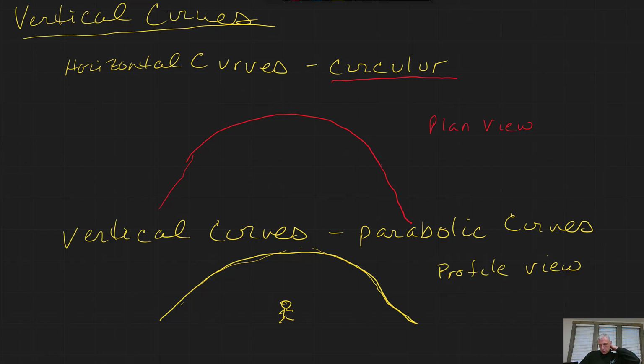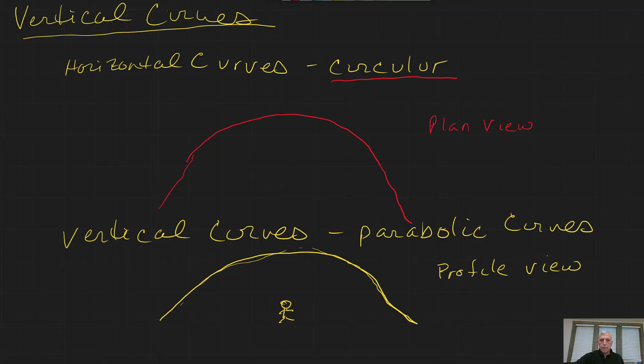If we were to take the diagram of a vertical curve and look straight down on it, what would it look like? It would look like a straight line, wouldn't it? So it wouldn't be very helpful except to maybe consider the stationing along a vertical curve.